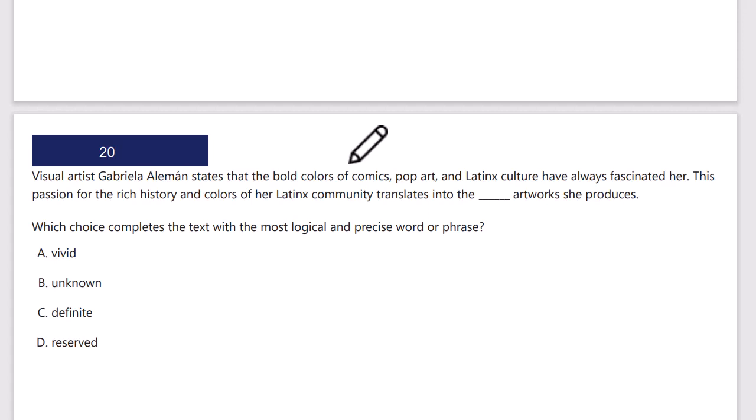So it's a rich history and color. I might have said diversity, but it's not so much that the idea is diversity here, although it's kind of alluded to a little bit up here. I think it's more cultural because it's a rich history, it's colorful, something to that effect.